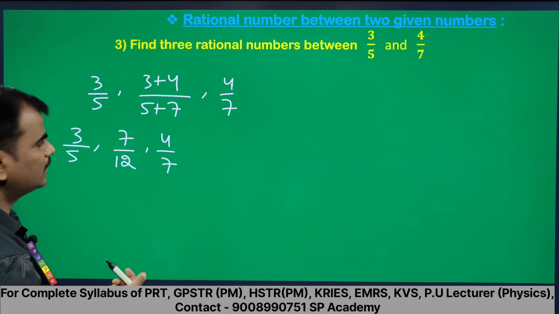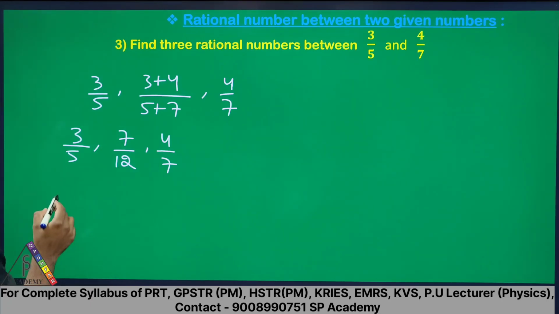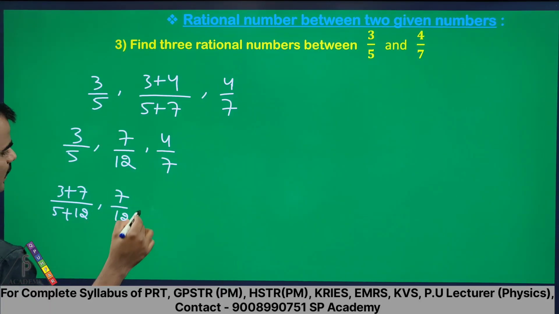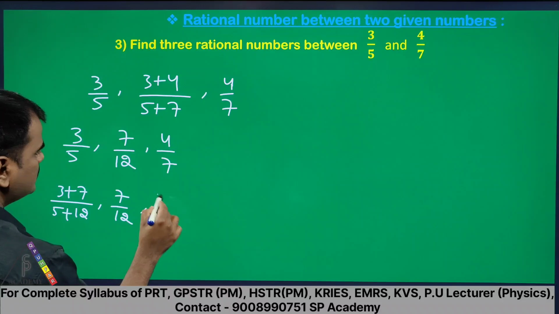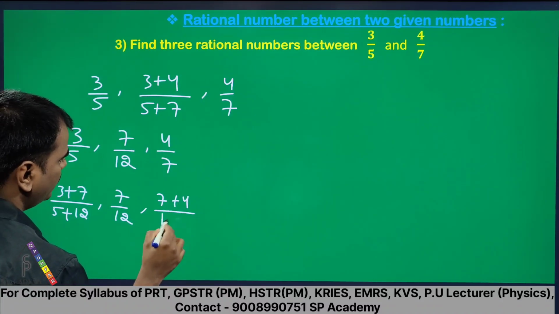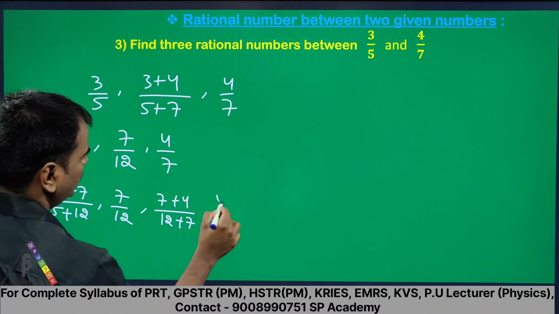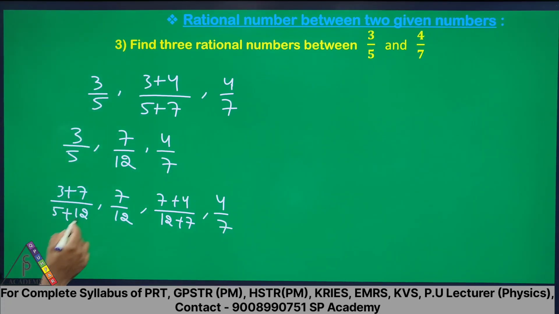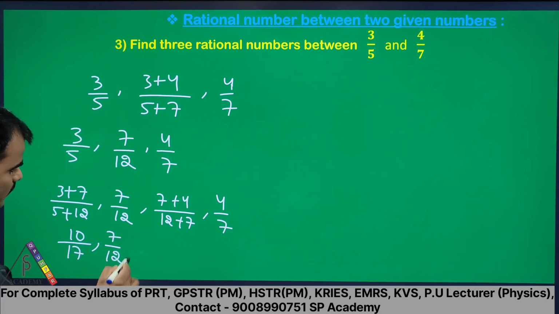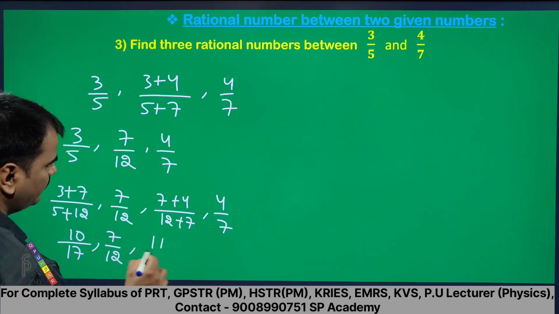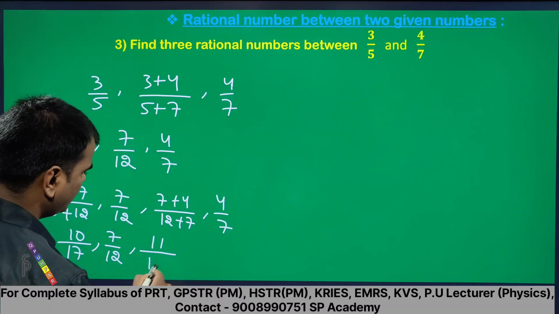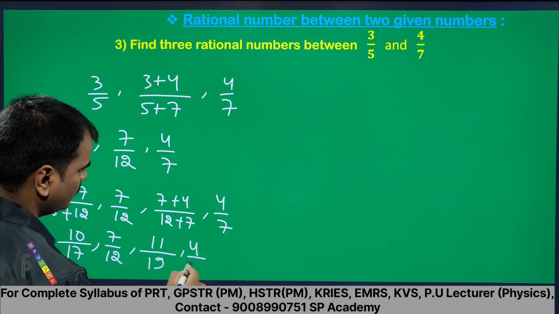We have to find three rational numbers, therefore I will find another between these two. 3 plus 7 by 5 plus 12 gives 10 by 17, and 7 plus 4 by 12 plus 7 gives 11 by 19. So we have 10 by 17, 7 by 12, 11 by 19 and 4 by 7.